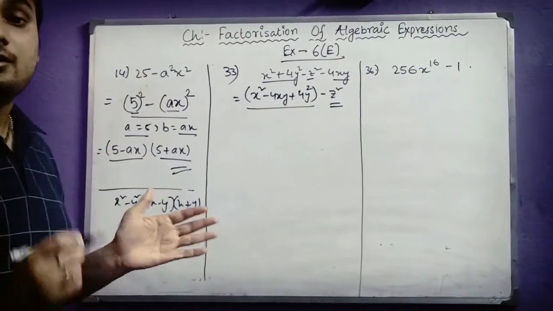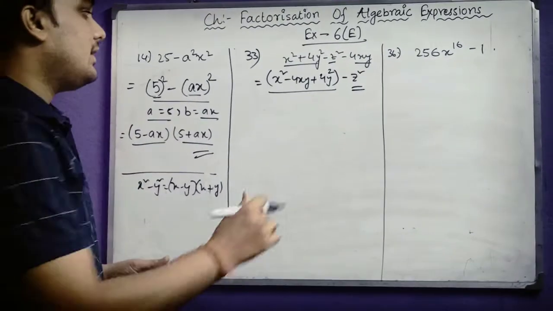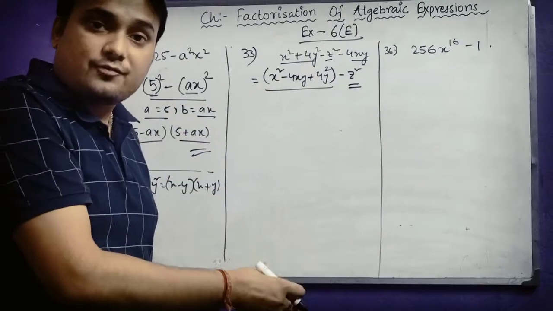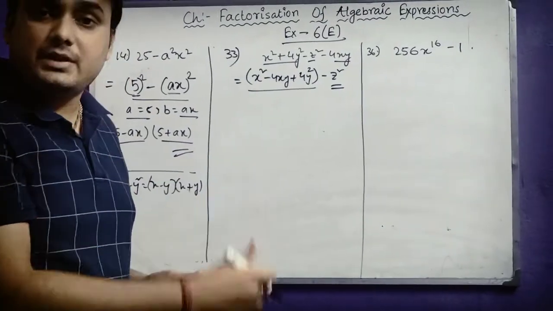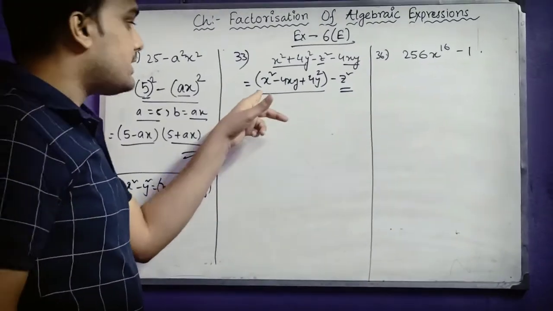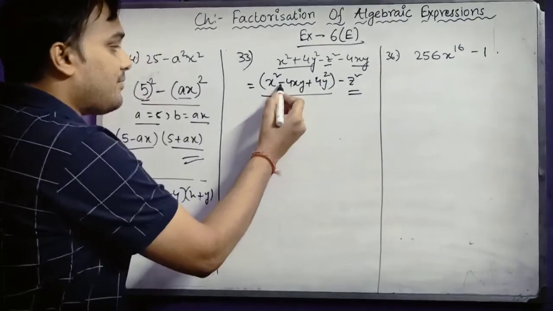Now you will think, why have I done this? I have done this only because these three terms, if kept together, will fit into another formula and it will be convenient for us to solve. So now you can think, these three terms will be used for which formula? As you can see, in between I have a minus sign here.